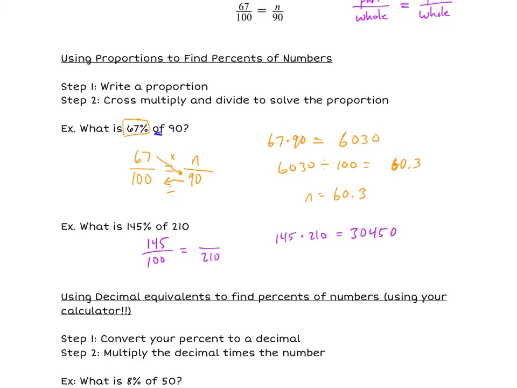Then you're going to divide that by 100. That gives 304.5. So n equals 304.5.